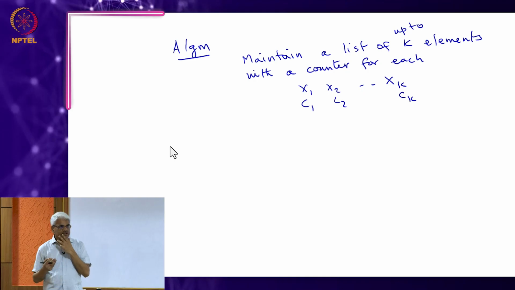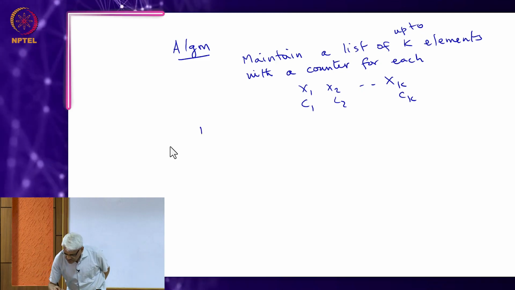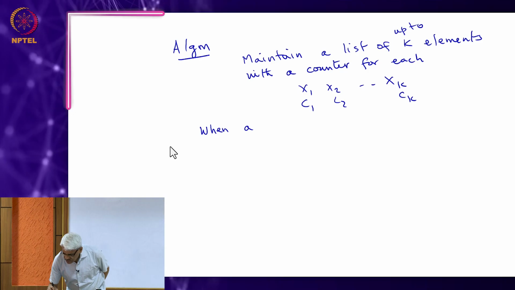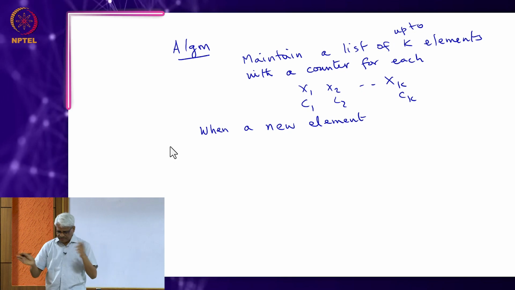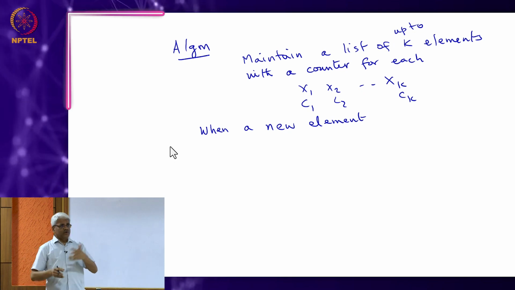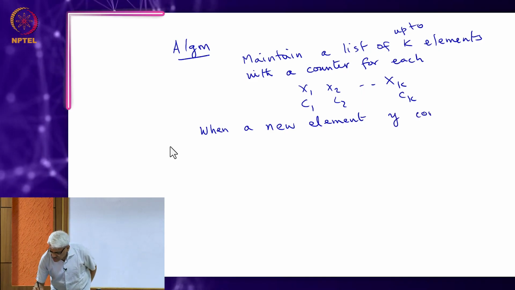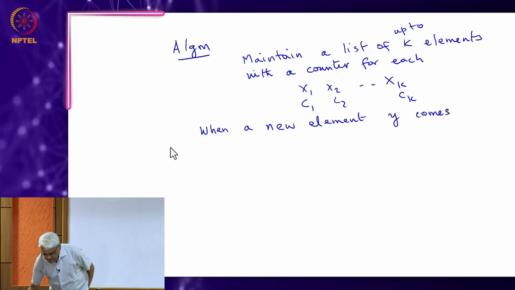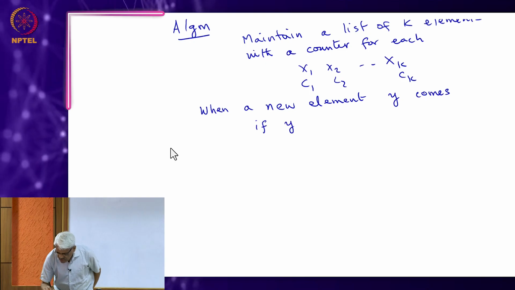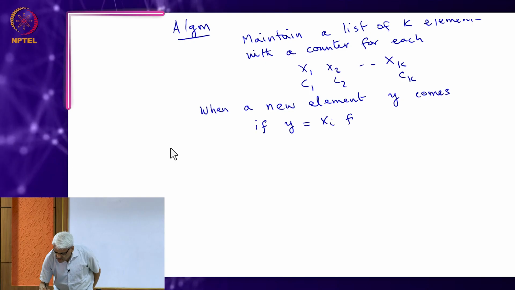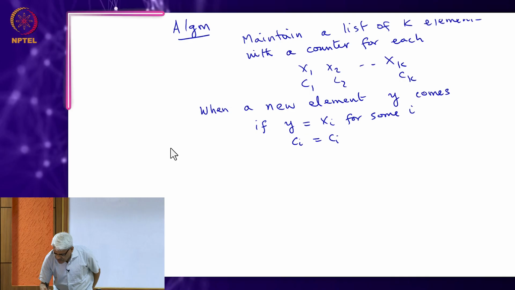Right, so the algorithm goes like this. When I see a new element, what should I do? We initialize it somehow, maybe start with x1 and c1, and then we'll apply this algorithm. When a new element y comes, if y is equal to xi for some i, then my ci will be incremented.